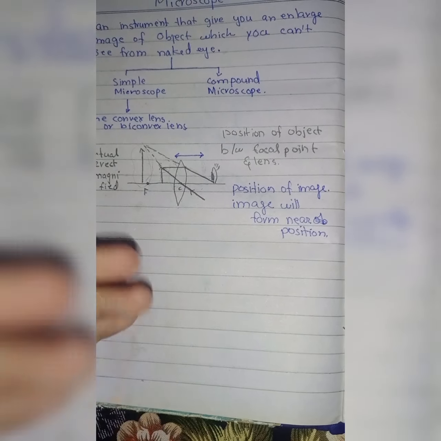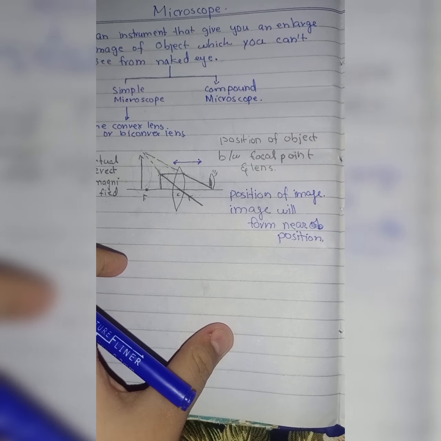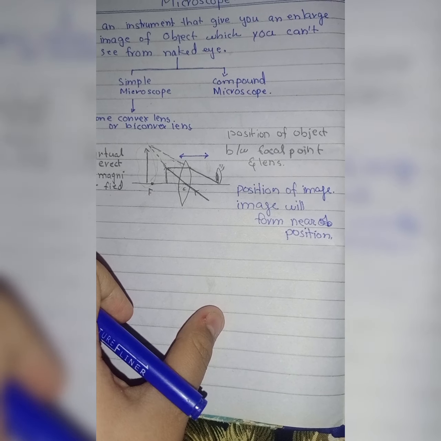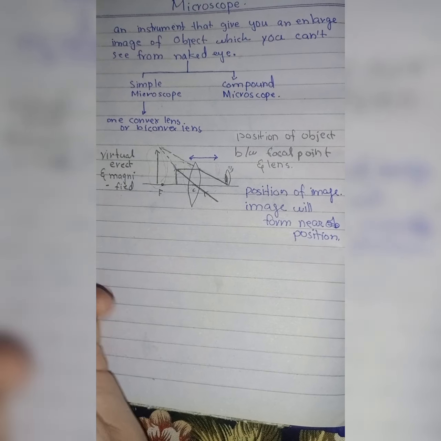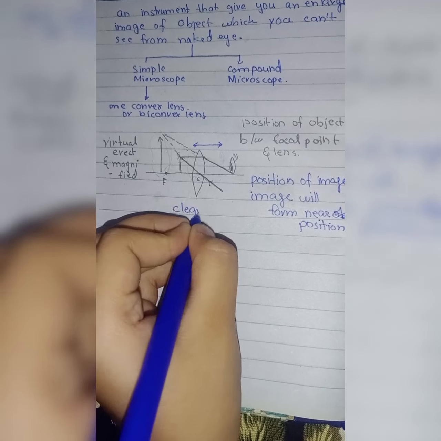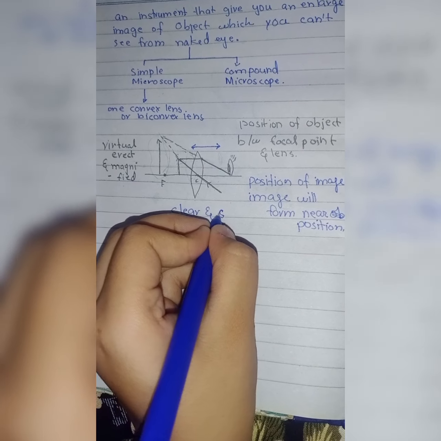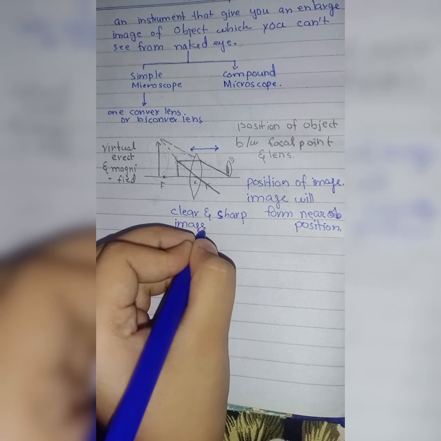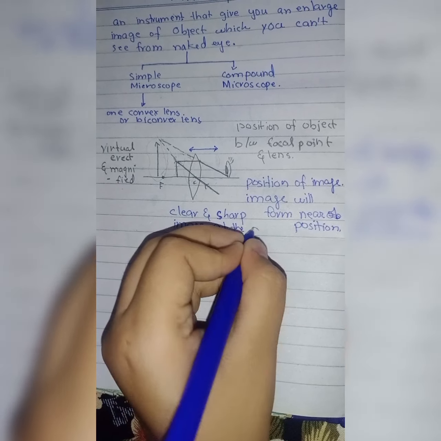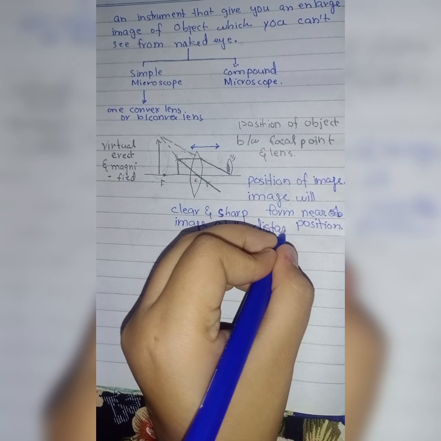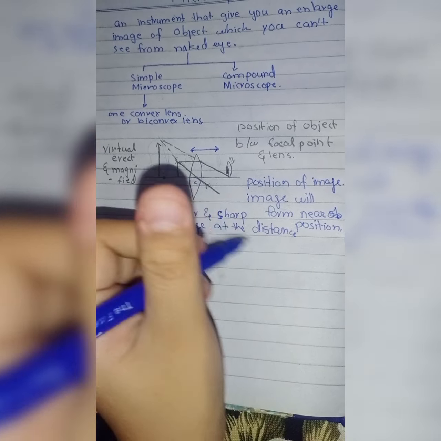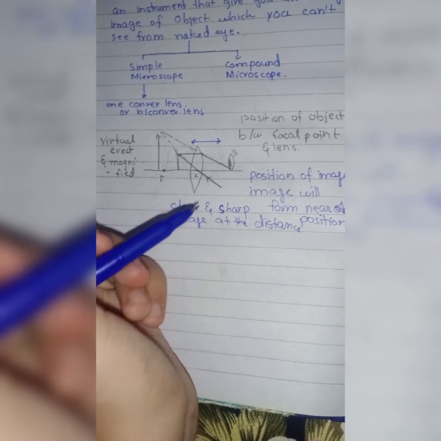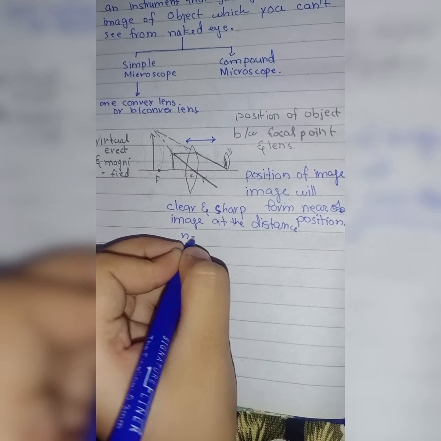without wearing a convex or concave lens, at which the human eye can see a clear and sharp image. That distance is known as the near distance, and it is basically 25 centimeter.